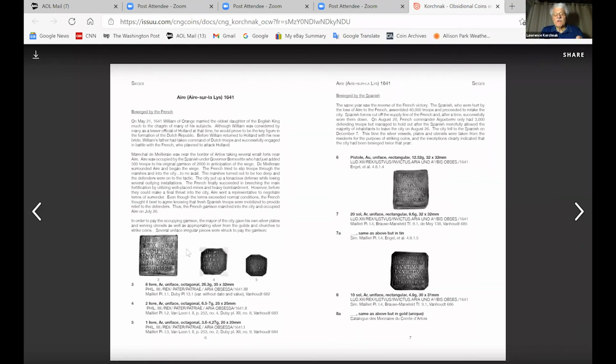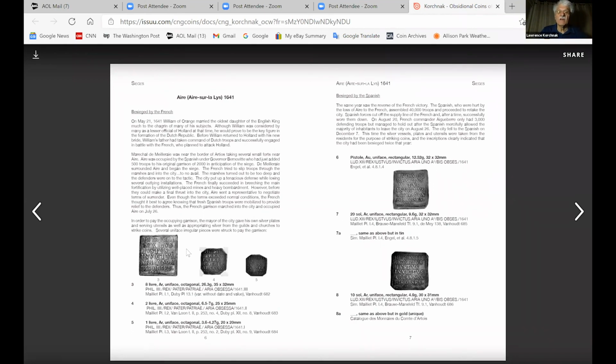One of the first places you look to authenticate a uniface siege coin is the back, and it'll give you an idea how it was minted. And if it wasn't minted in a historically correct manner, it's probably not genuine. So I always look at the back of the coin.